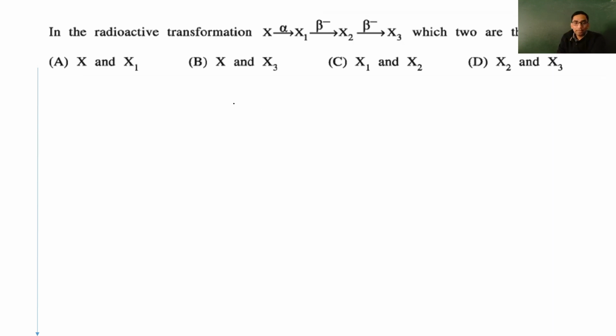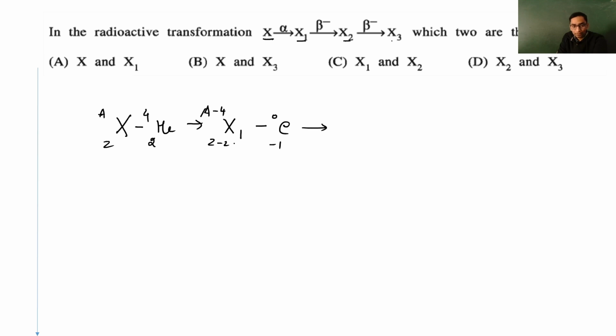Now, it is being said that X disintegrates into X1, then again X2, then X3. So X, suppose it is Z A, after losing an alpha particle, so that is minus 2He4, it gives X1. So Z minus 2, A minus 4, and again there is a release of a beta particle, so minus of electron is released.